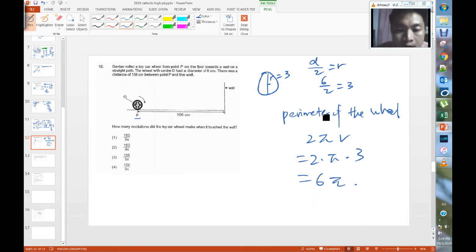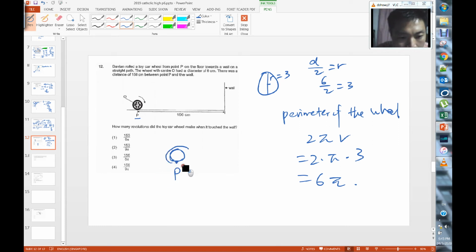Let's redraw the diagram. If you go 1 round, you start from here, and if you go 1 round, it should cover 6 pi.